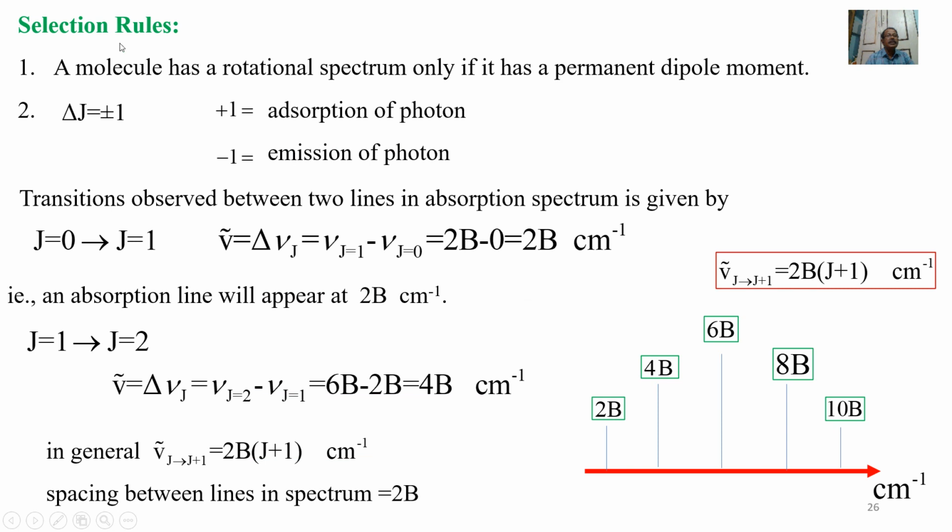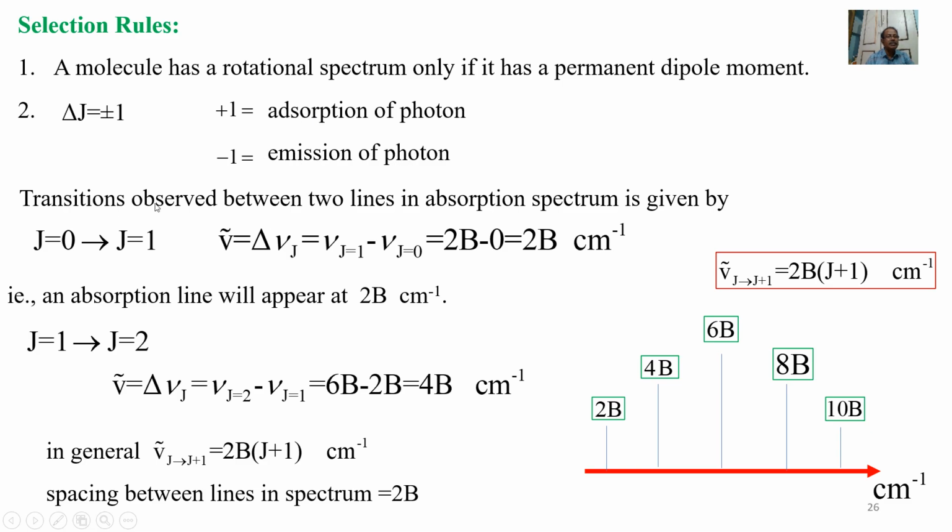Selection rules. A molecule has a rotational spectrum only if it has a permanent dipole moment. The selection rule goes with del j equals plus or minus 1. Plus 1 stands for absorption of a photon and minus 1 stands for emission of a photon.